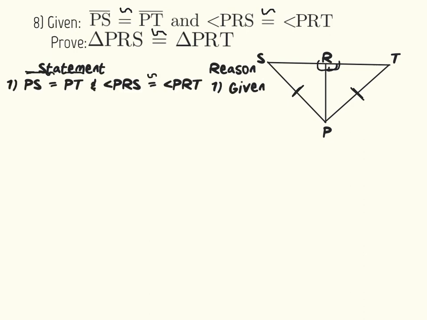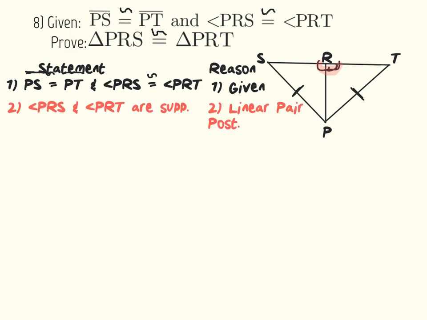Now the next thing I'm going to look at is those angles right there, and if I can say they're right angles, that could help me. If I look right here, I know that those two angles are supplementary because they form a linear pair.